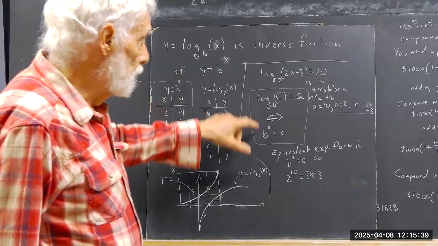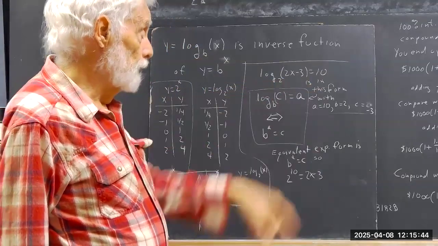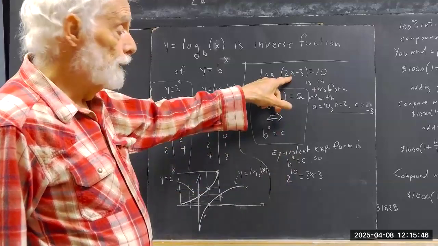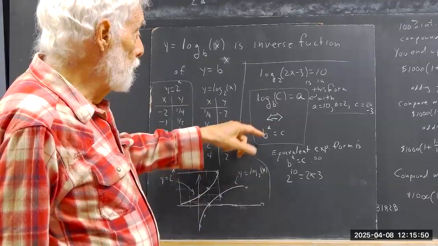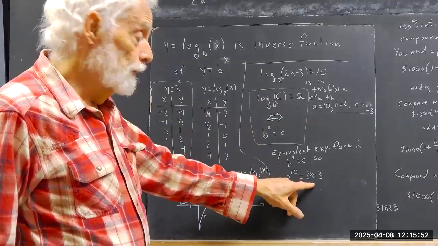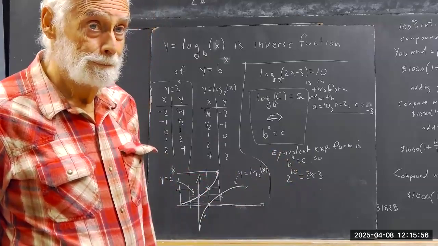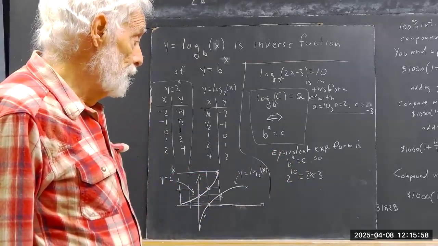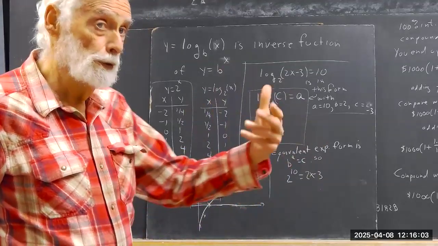And this is a form you'll often use it in. If you have a logarithmic equation like this, where the x is bound up inside the log, you can rewrite it as an exponential equation and solve. Just add 3 to both sides and divide by 2. Okay? You get 1,027 over 2, which is 513 and a half.